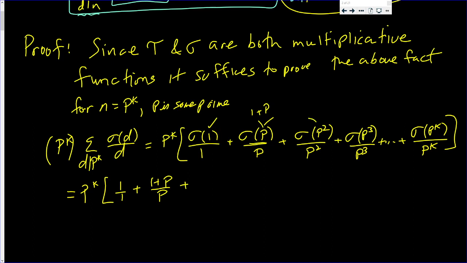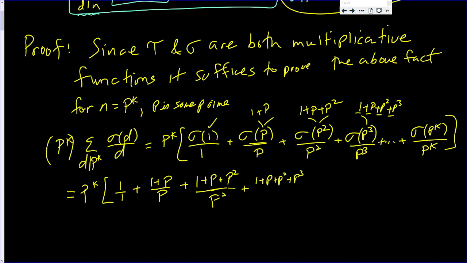The divisors of p squared are 1, p, and p squared, and sigma of p squared just requires us, by definition of sigma, to add up those divisors, over p squared. Plus 1 plus p plus p squared plus p cubed, because those terms are the divisors of p cubed, and that gets divided by the divisor p cubed.